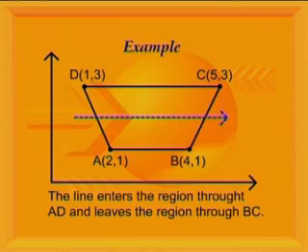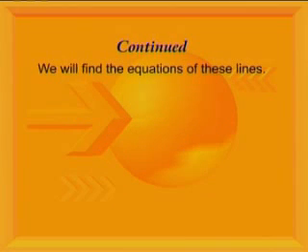For this purpose, first of all, we should know what is the equation of the line AD and what is the equation of line BC. For line AD, if you know two points of the line, we can easily find the slope, and that is equal to (3 minus 1) divided by (1 minus 2), which is equal to minus 2.